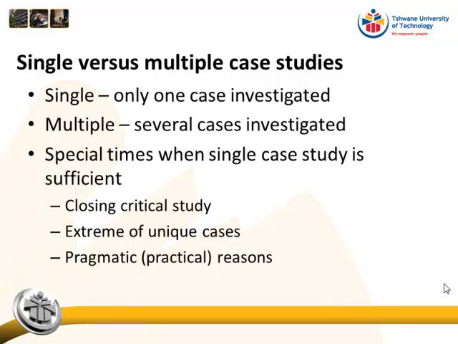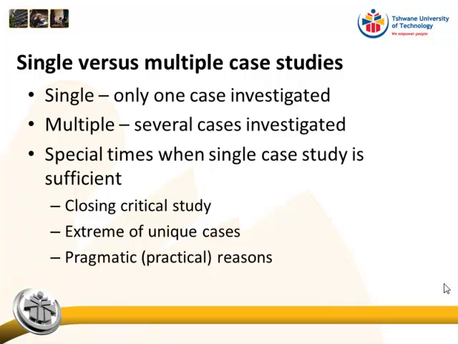And the times where a single case study is sufficient, and this is in terms of if you want to do a master's or a PhD, is where it's a closing critical study. So, for example, the PBMR, does everybody know what the PBMR is? The Pebble Bed Modular Reactor Nuclear Program that we had.